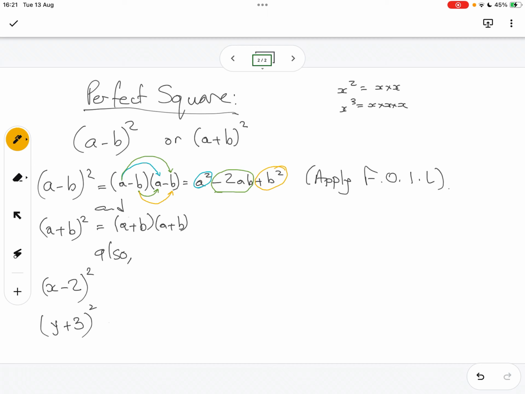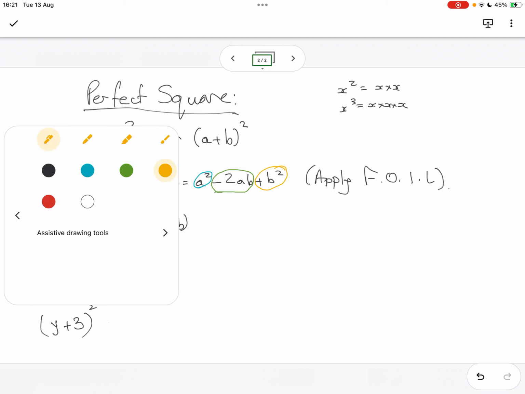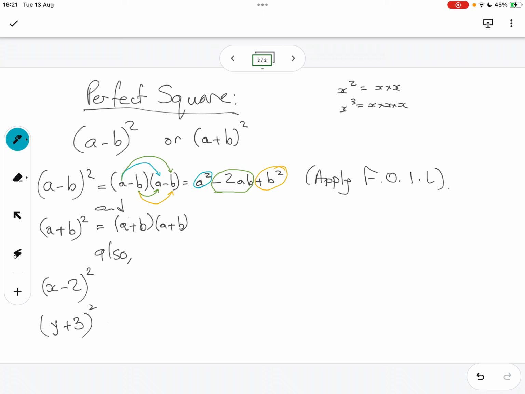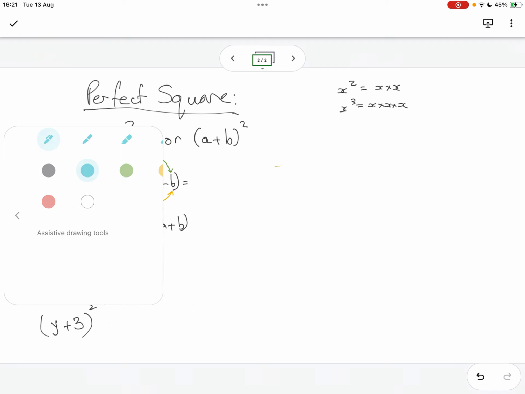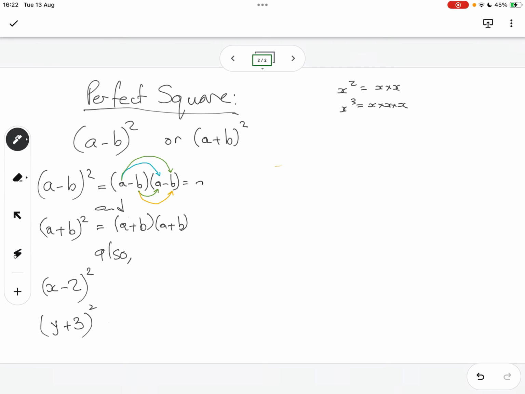When you apply the first, outer, inner, and last method, the firsts, which are in blue, the a multiplies the a, and you get a squared. When you take a and multiply it by negative b, you get negative ab, the first green one. Maybe let's do this again so that it's less confusing.